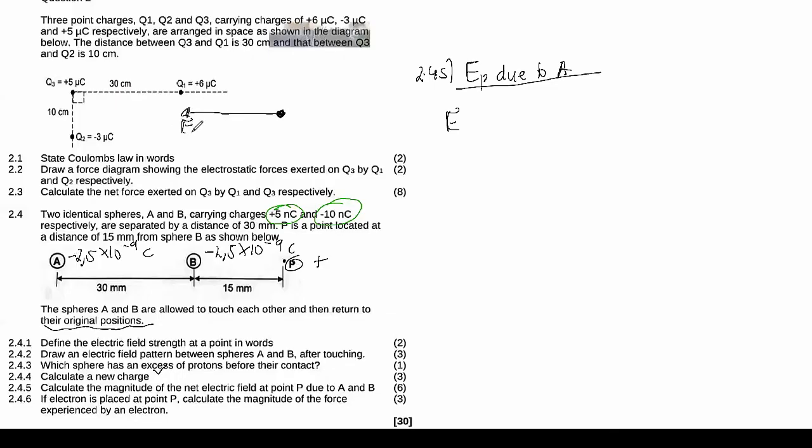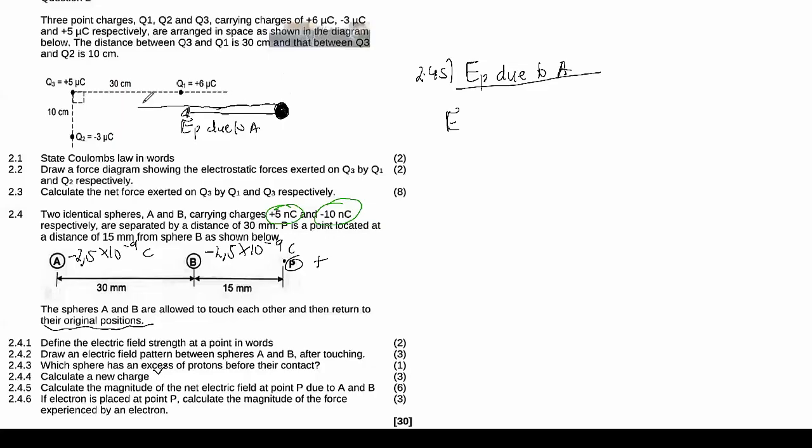This would be the electric field of P due to A, since now it will be attracted towards that. And then again, the B is negative as well. So that means the point charge has to be attracted towards B.